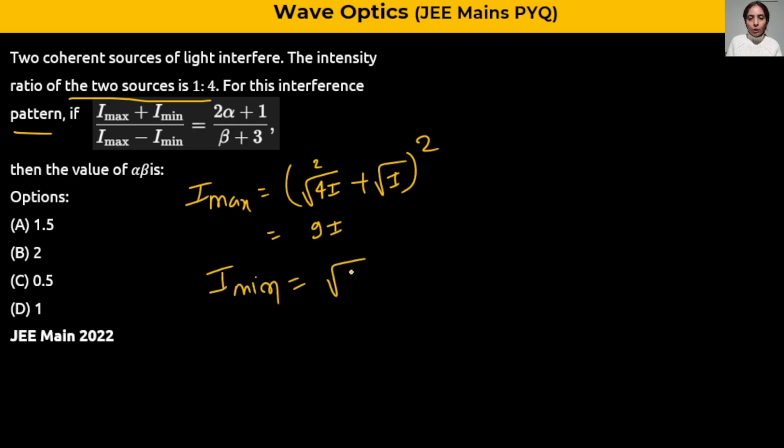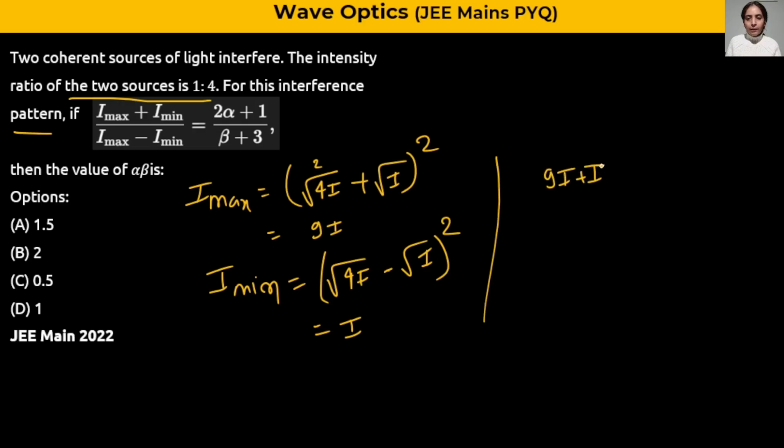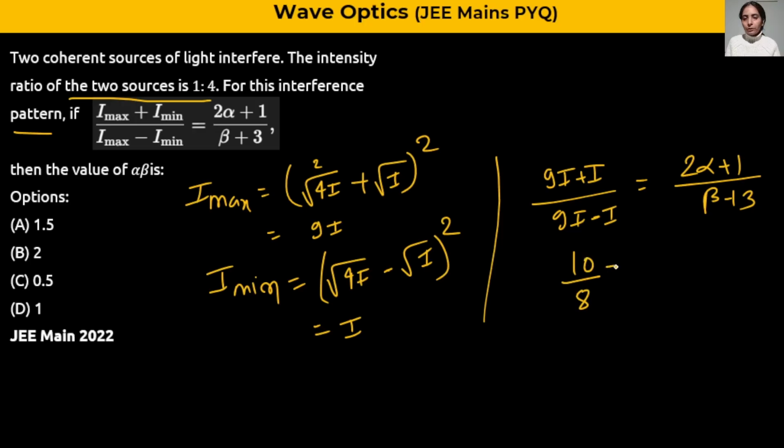So what will I minimum be? Find I minimum: root 4I minus root I, whole squared, so this will become I. Now what is Imax plus I minimum? Imax plus I minimum is 9I plus I, and Imax minus I minimum is 9I minus I, and this is equal to 2 alpha plus 1 divided by beta plus 3. So this is 10 by 8, right, 10 by 8, so this will become 5 by 4, and this is equal to 2 alpha plus 1 by beta plus 3.